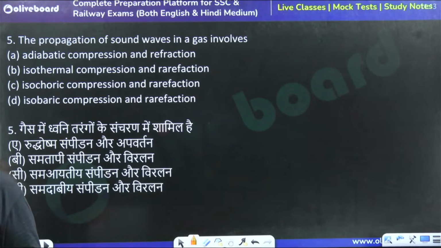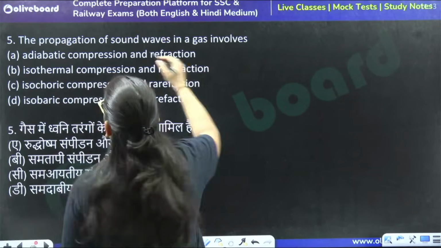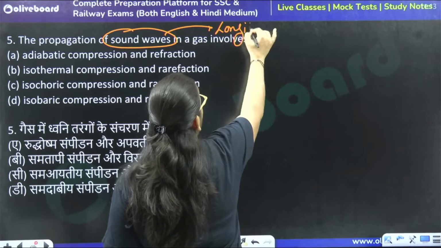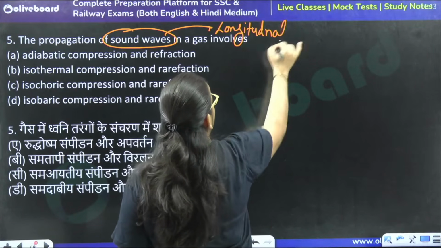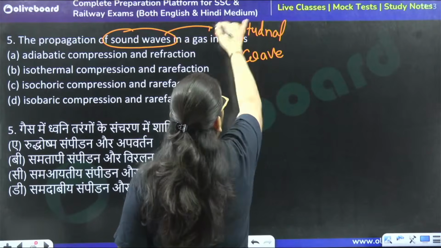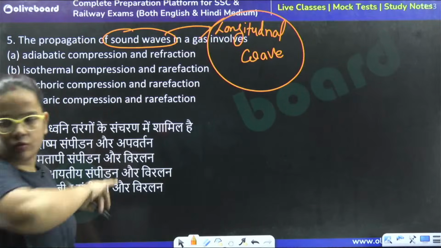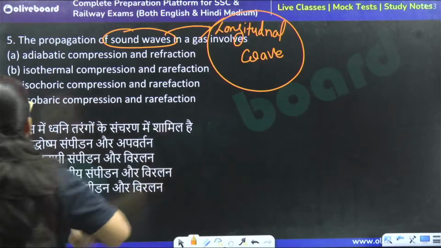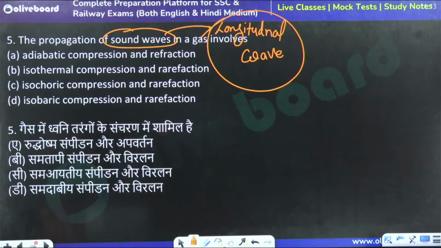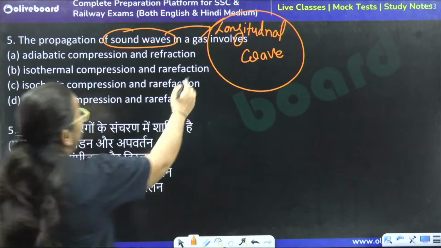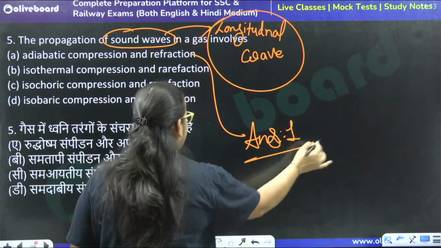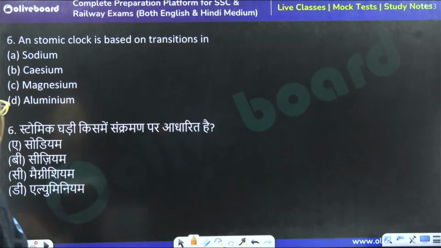Sound waves in a gas are always longitudinal waves, right? And involve adiabatic compression. The correct answer of this question is adiabatic compression and rarefaction. Correct answer is A.